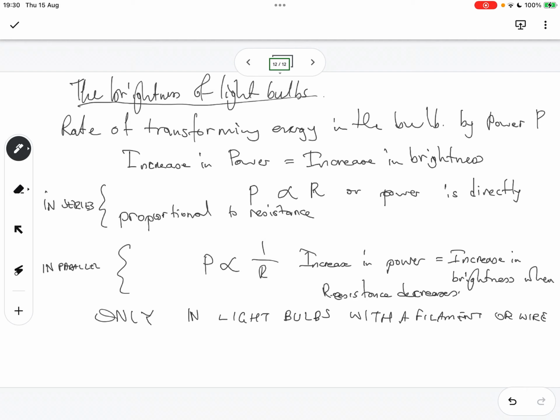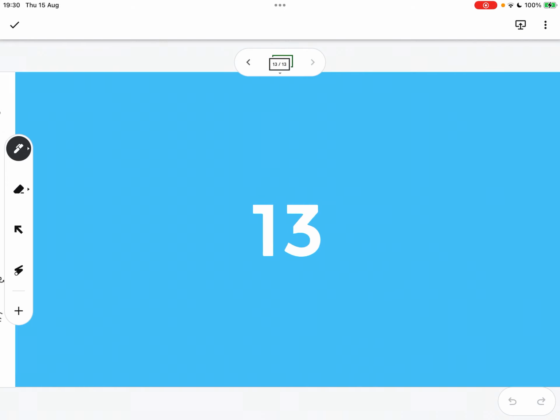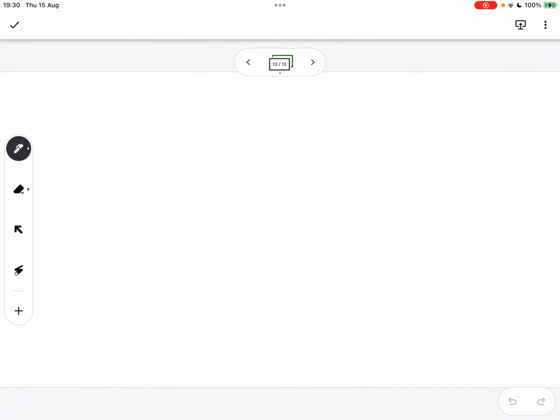So we will quickly do an example and then we call it a day, or rather we call it a night because it's 7:30. So this example is to show you how you will get asked these types of questions in the setting of a grade 12 exam type question for electric circuits, right?